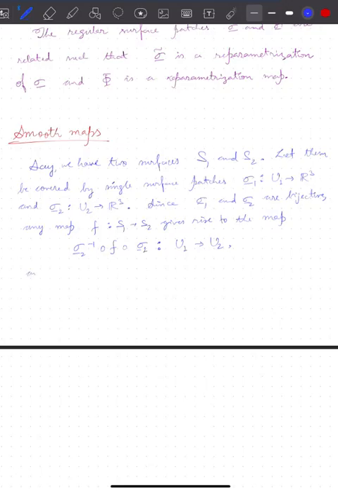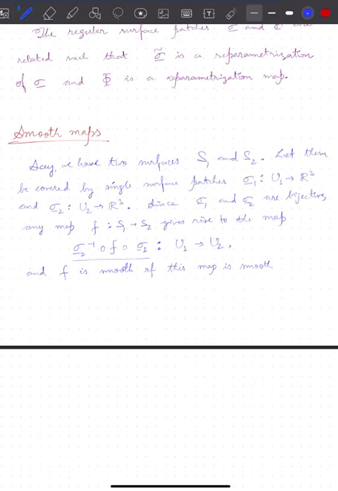And F is smooth if this map is smooth. So in a sense, if the transition map is smooth, then even the mapping from one surface to another is also going to be smooth. So that is the whole idea here, right?